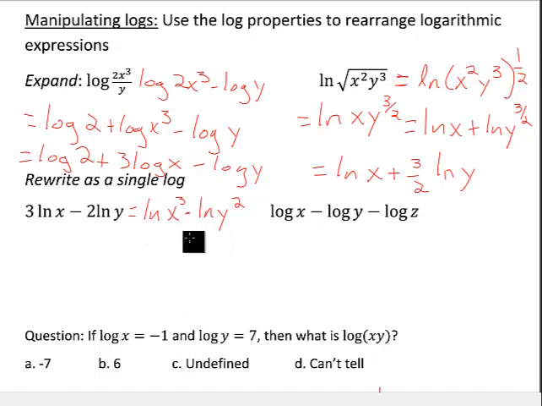So now at this point we have a difference. So don't copy this next bit. Here's a really common mistake. People see subtraction and they know a quotient is coming, so they do this. Okay, so that's wrong, because here the difference of when you take a natural log of something minus the natural log of something, that's not the same as the natural log of that thing divided by the second one.